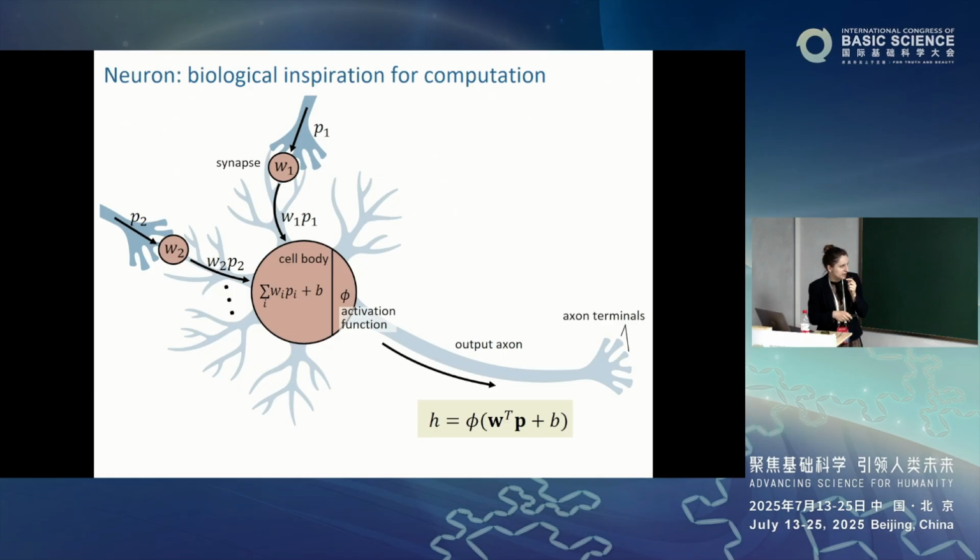And then there is some function connected to it, and if it passes a certain threshold, it's activated with a certain weight, or it's not activated. And that's basically what happens in computers.